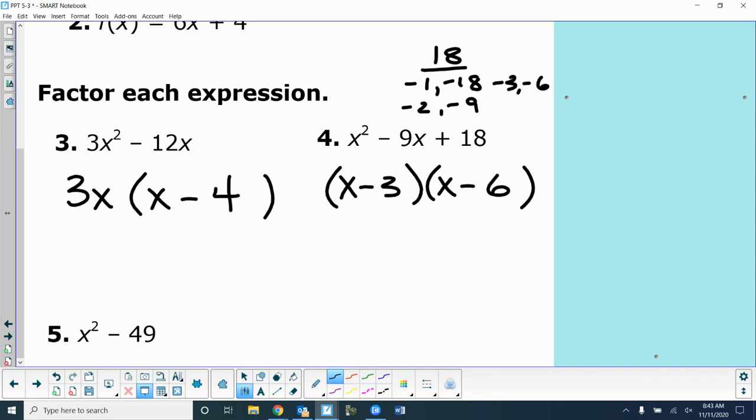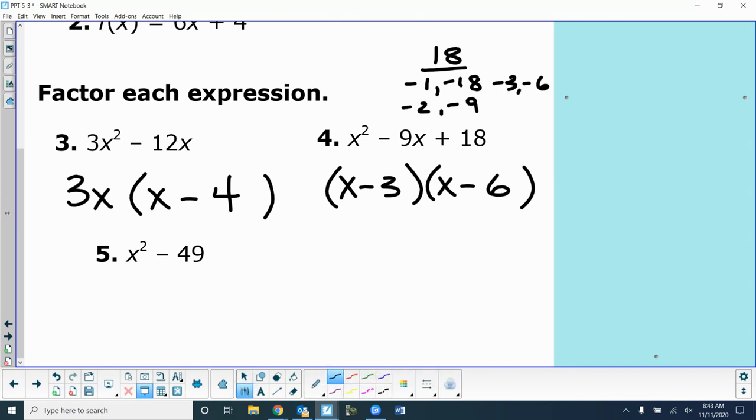Okay, number 5 here. There's no GCF, but number 2 on our list is called a difference of squares: 2 terms, both perfect squares, and a minus between. So it is one of those. When you see that, you make 2 sets of parentheses. You had this on your homework, I think.